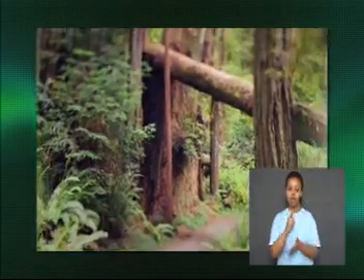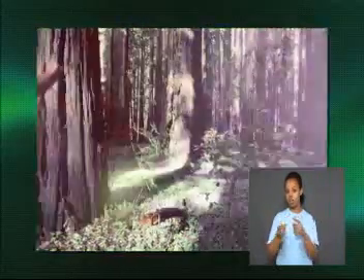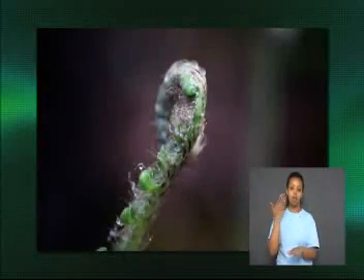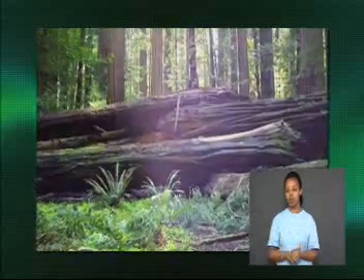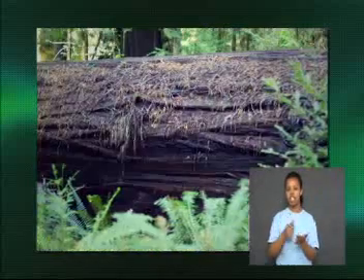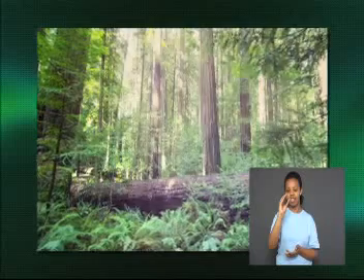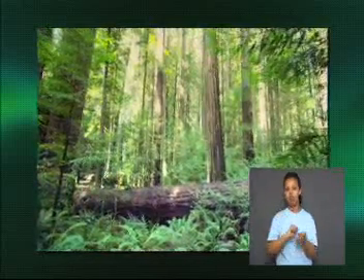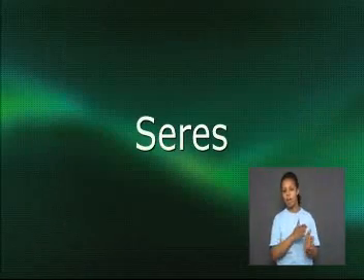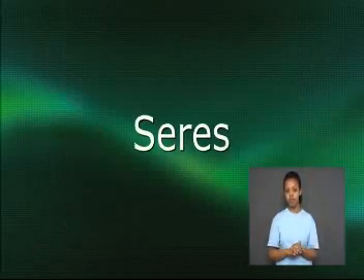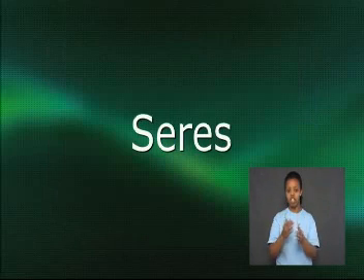The new species usually dominate the pioneer species, while changing the abiotic conditions yet again. This change allows for more species to enter the ecosystem, and the process continues. The stages throughout succession are called seres.